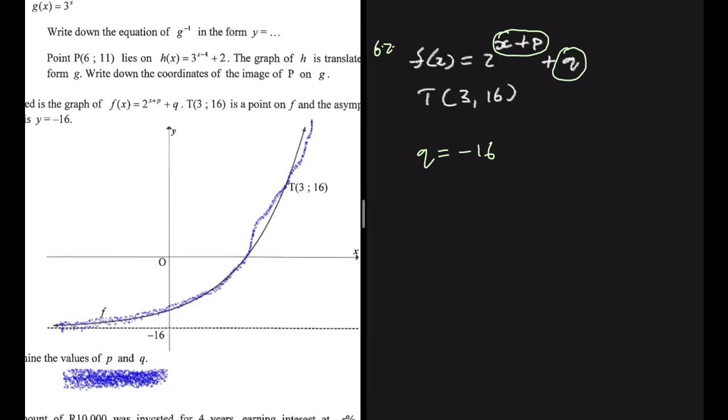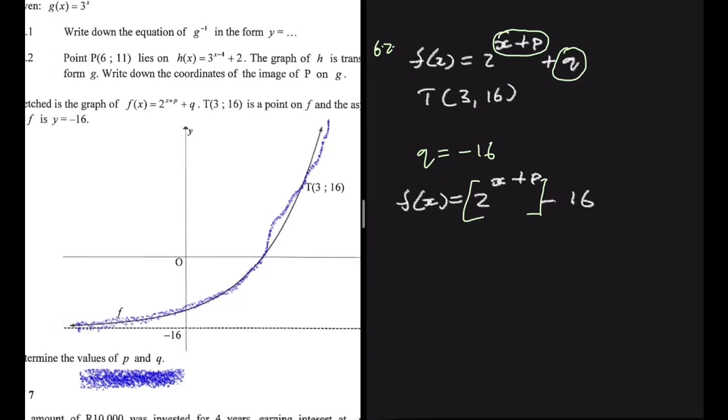That's as low as it can go. So now we know fully well that f of x is equal to 2 to the x plus p, minus 16. For whatever value you substitute here, f of x will never be less than minus 16. That is why we're saying that q is equal to minus 16, right?